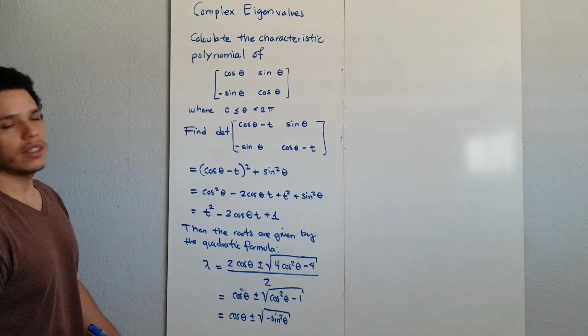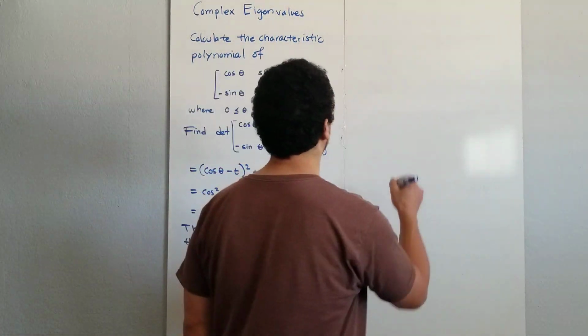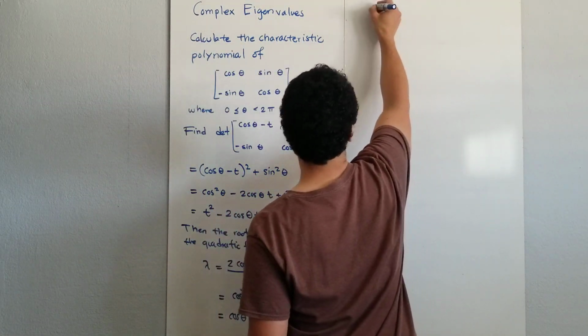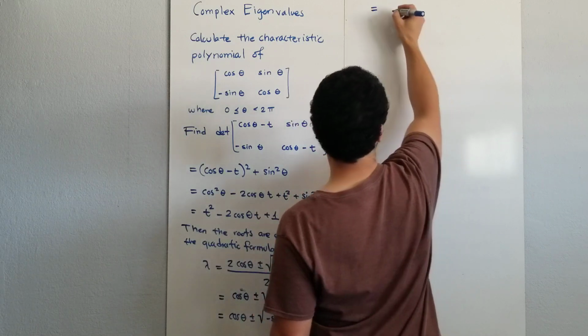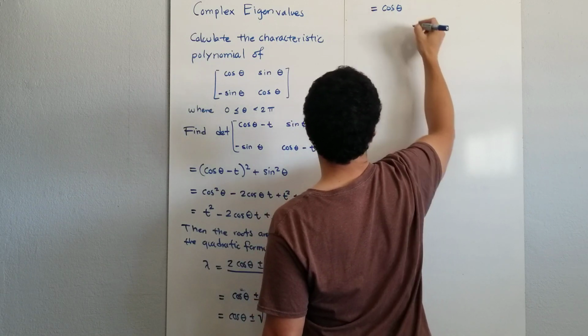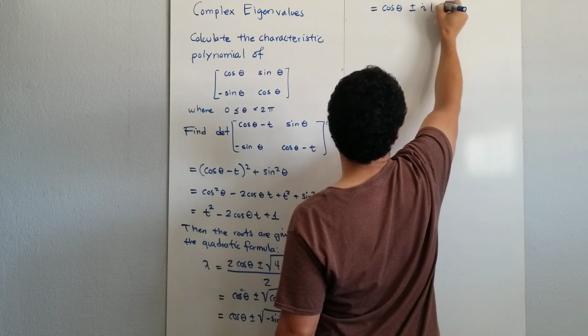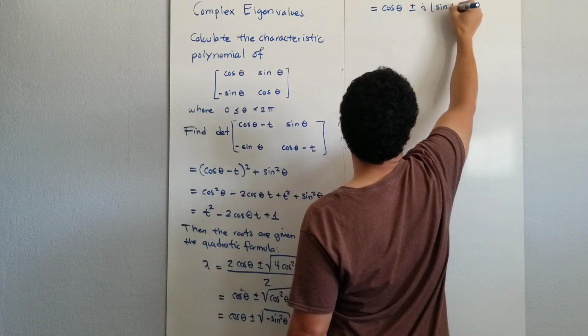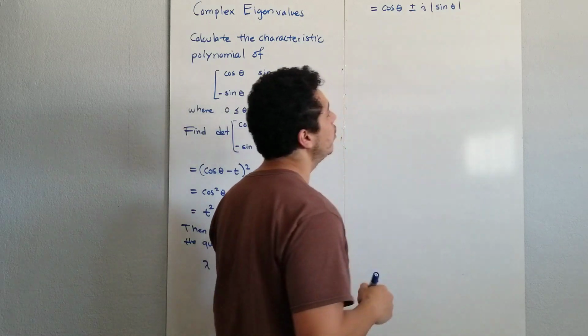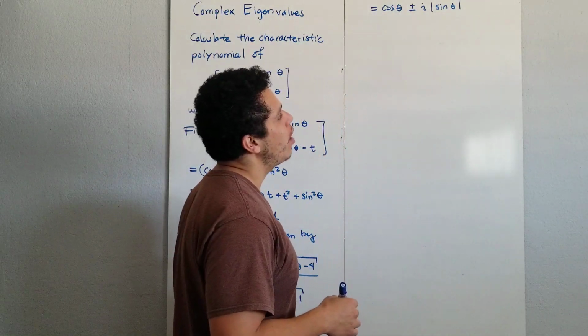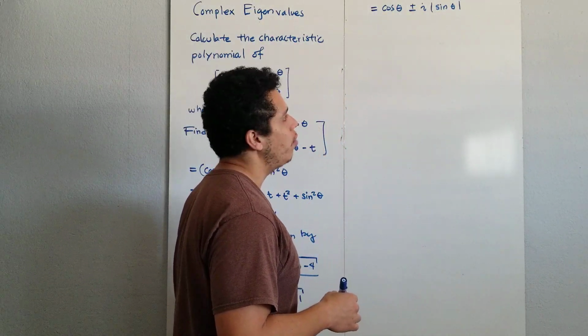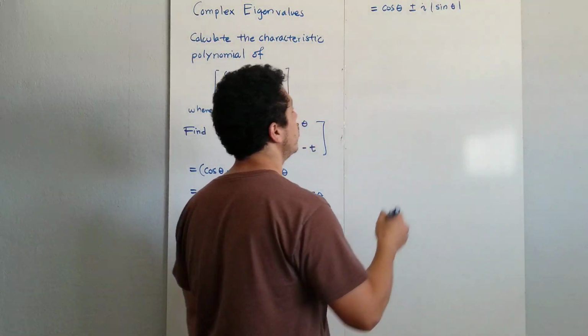Now, just to be safe, I'm going to write it in the following way: cosine plus or minus i, absolute value of sine. But well, we don't really have to write it in this particular way. I may just write it like this.